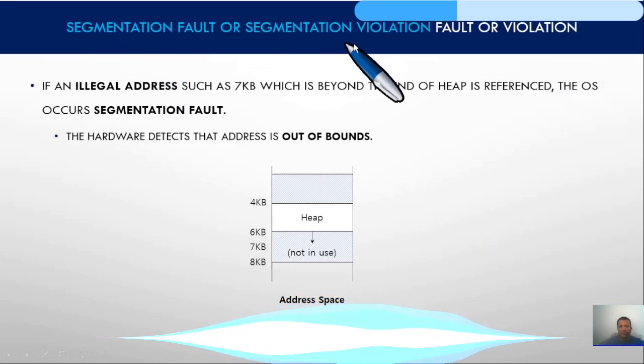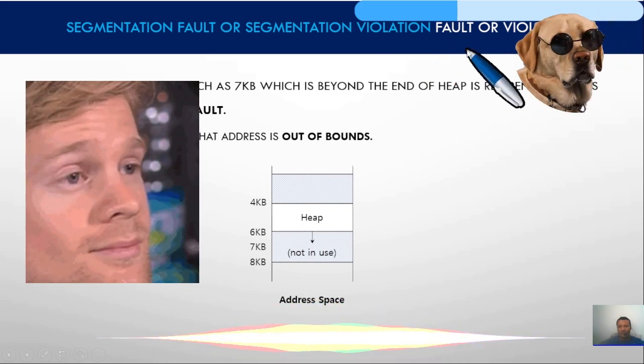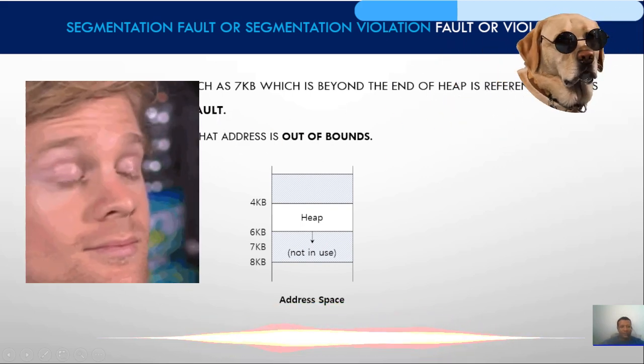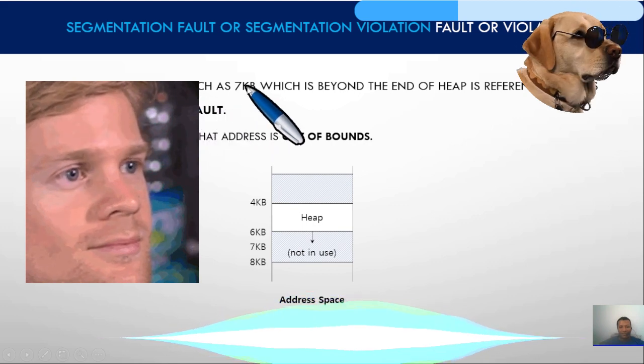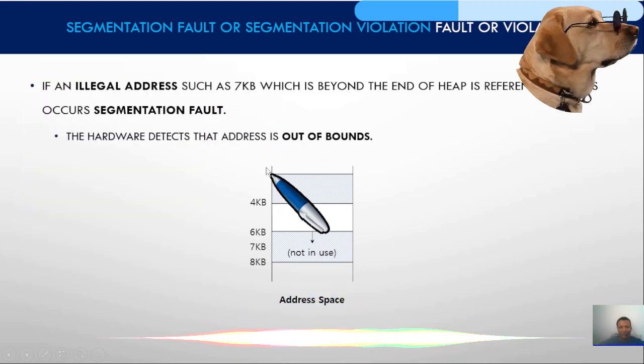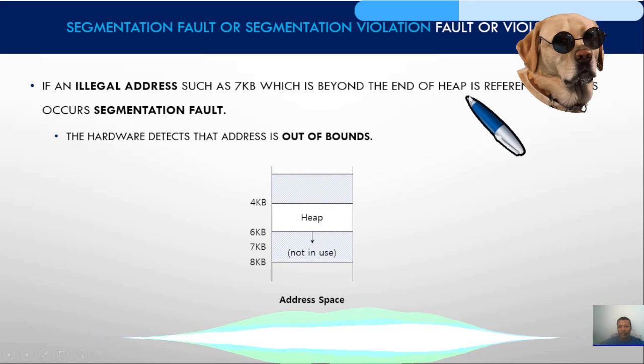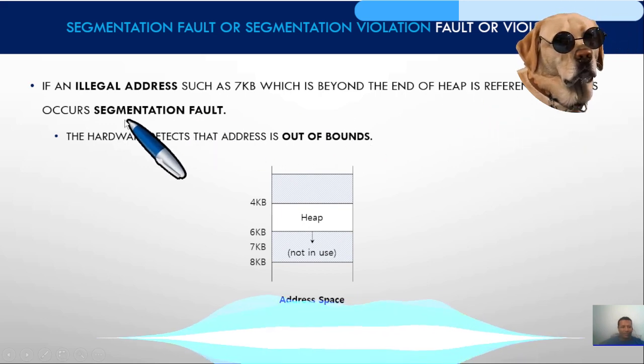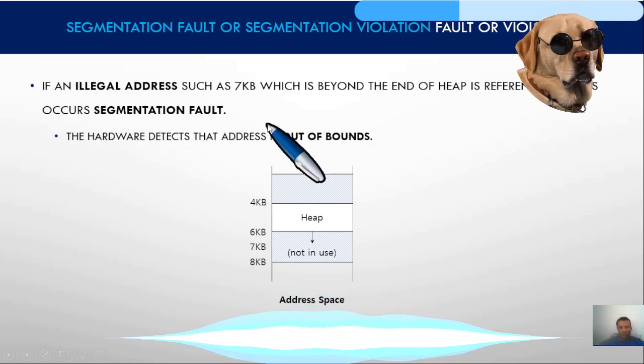Now, segmentation fault or segmentation violation. If an illegal address, such as 7 kilobyte, which is beyond the end of the heap, is referenced, the operating system raises a segmentation fault.